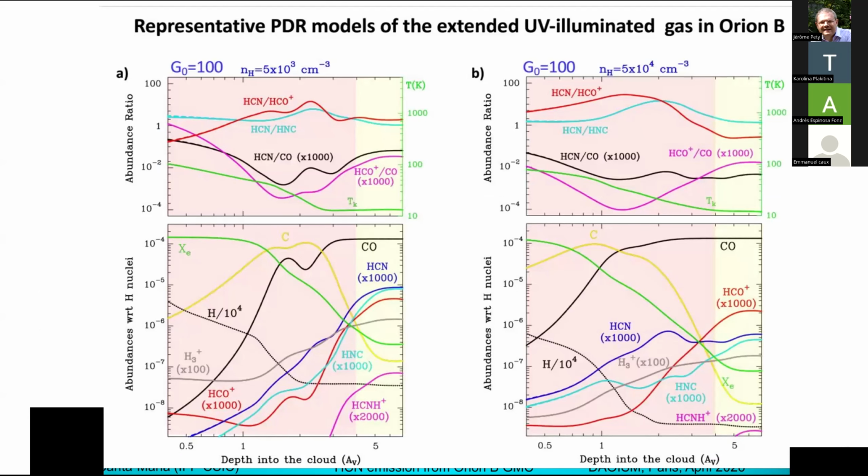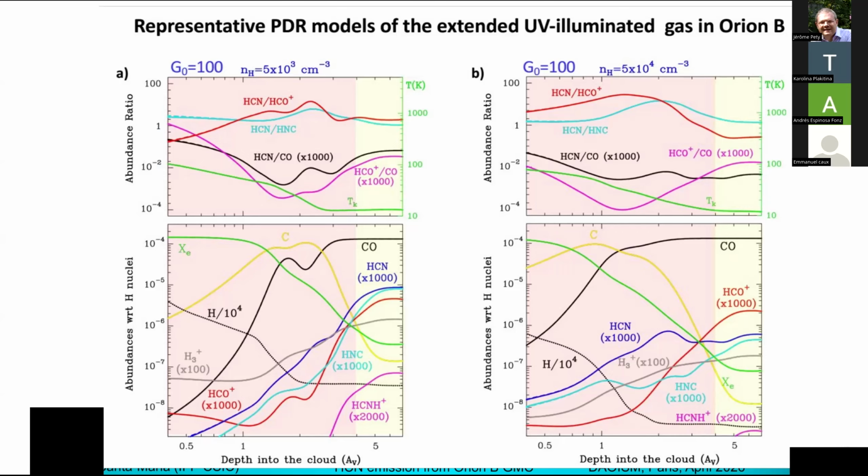So the PDR models have two different densities, while the same G0. While the density decreases toward the inside of the cloud, the G0 doesn't change with temperature, but there's a bump due to the chemistry that I'll show you later. And same for a slightly lower, like 10 times higher density.